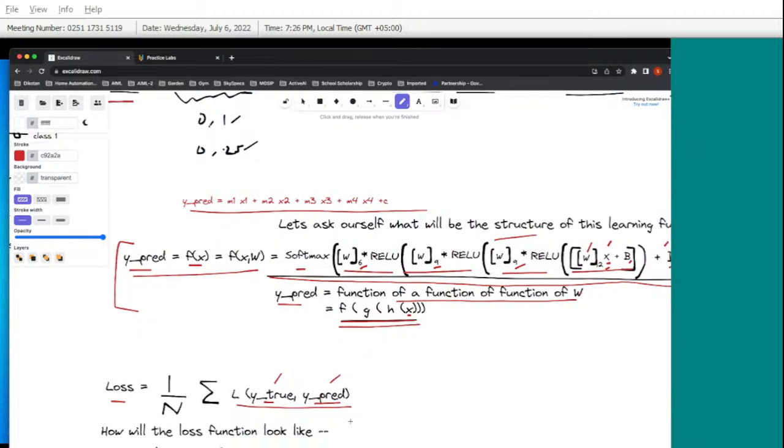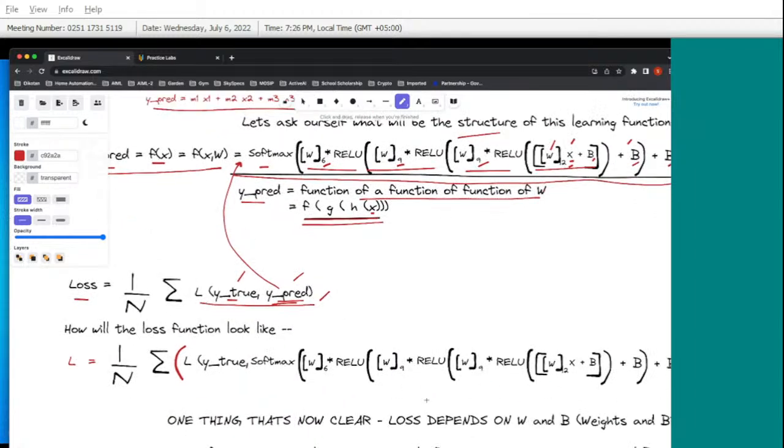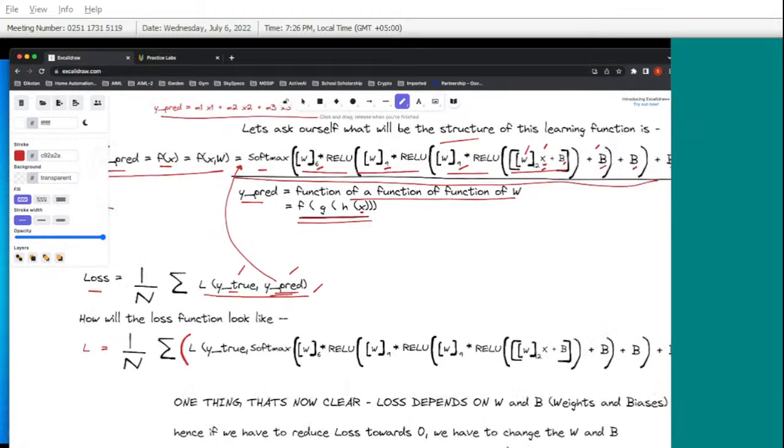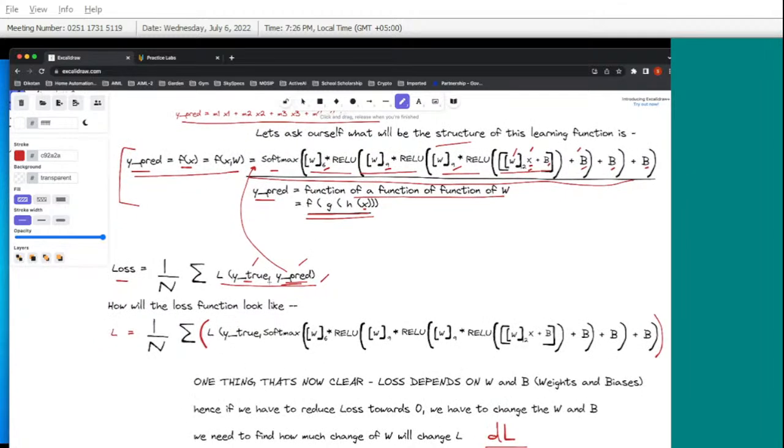Now if we actually expand this particular loss function, we know what y pred is. Y pred is nothing but this equation. Hence, my loss function looks a little bit like this, isn't it? Is it too complicated? It's not too complicated. I'm just replacing.